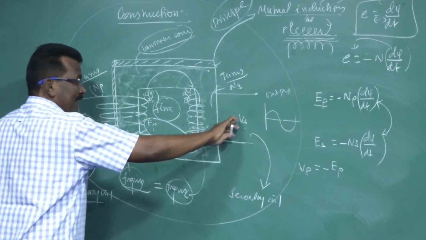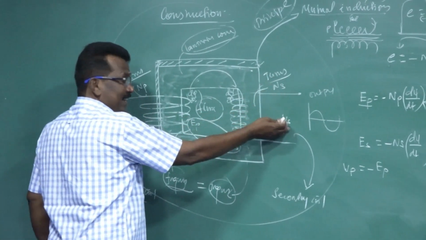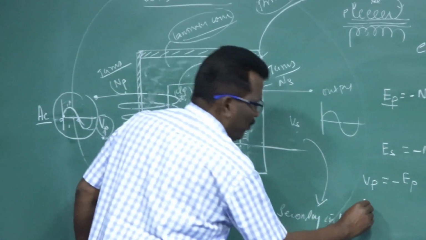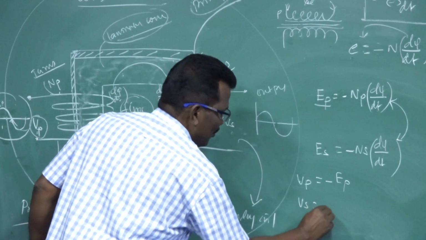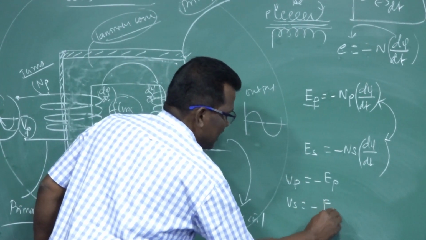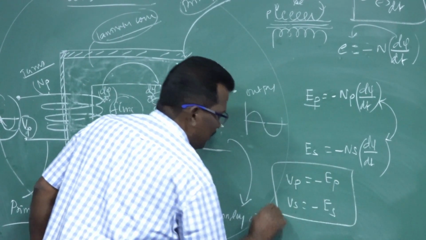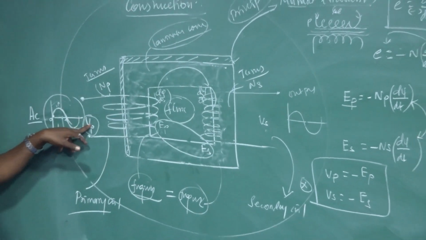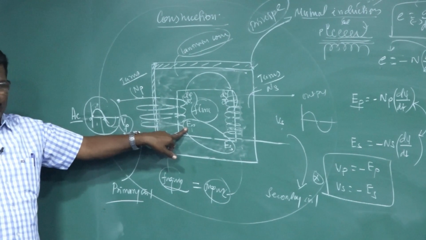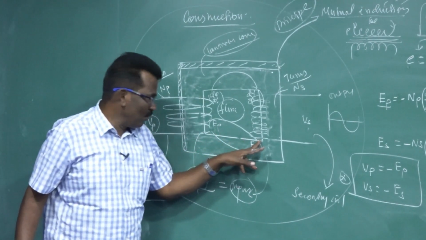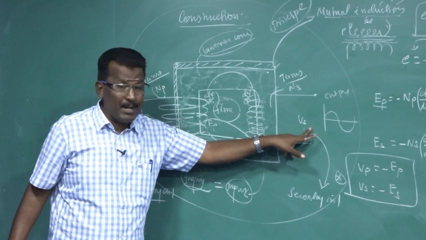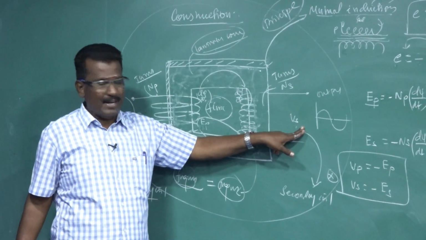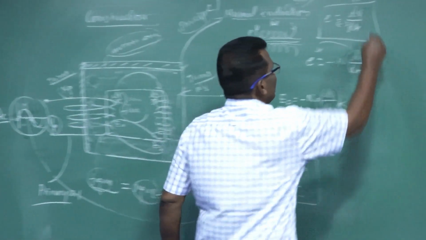Similarly, the voltage taken out across the secondary is equal to the EMF induced in the secondary but in the opposite direction: VS is equal to minus ES. The applied voltage is equal to the induced voltage, and the induced voltage across the secondary equals the voltage obtained at the output across the secondary coil.